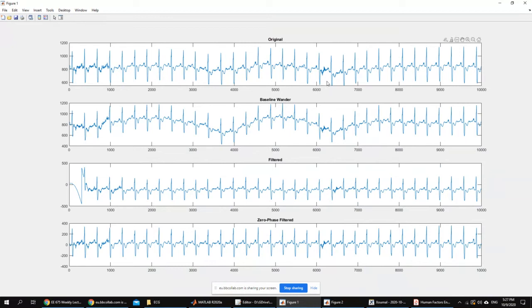How to estimate the original signal is a big problem. Sometimes the reference might not even be available. For a research problem like this, you have a reference signal because you're using a database. But in reality, you might not have a reference signal. This is something you have to keep in mind.